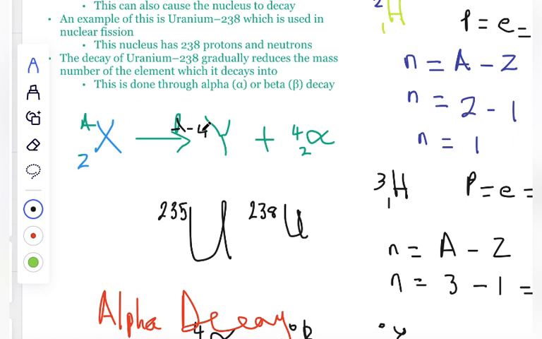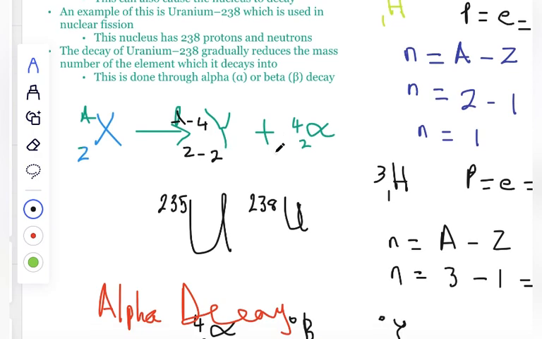Here will be Z minus 2. Why? Because whatever is on the right must equal what is on the left. So if here is Z, and here is 2, you subtract this 2 away from Z in order to get the atomic number, or the number of protons, for Y.